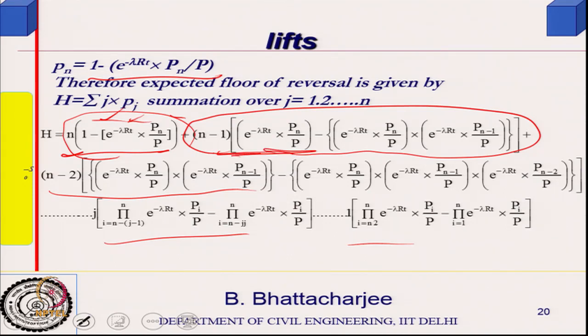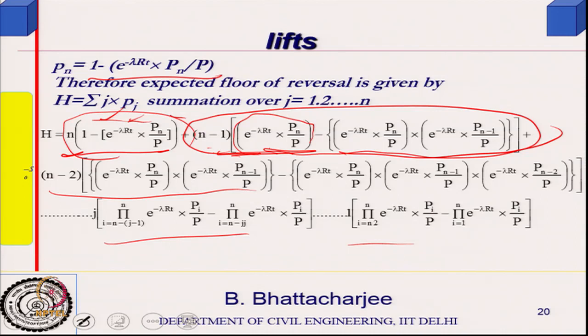This is the probability of finding one person in the nth floor. This is finding at least one person in the n minus 1th floor.